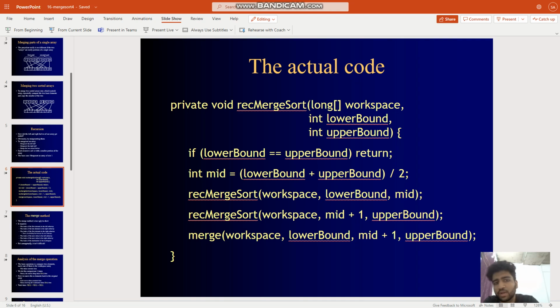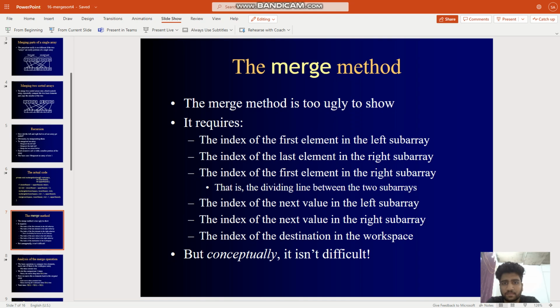This is the code required for merge sorting. The merge method is too ugly to show because it requires the index of the first element in the left subarray.